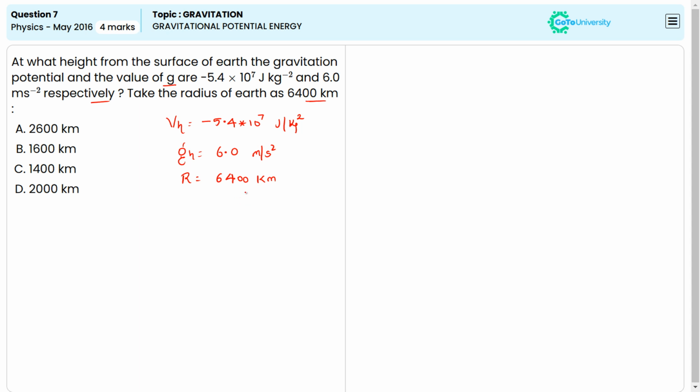Then we know that the gravitational potential Vh is equal to minus GM divided by R plus H. And similarly, gh is equal to GM divided by R plus H whole square.